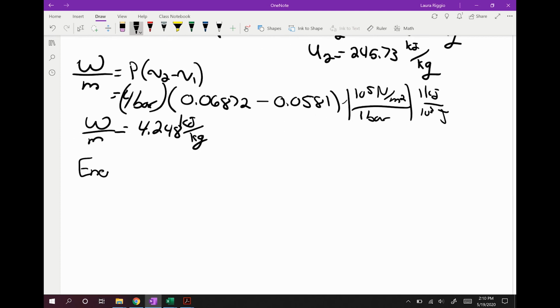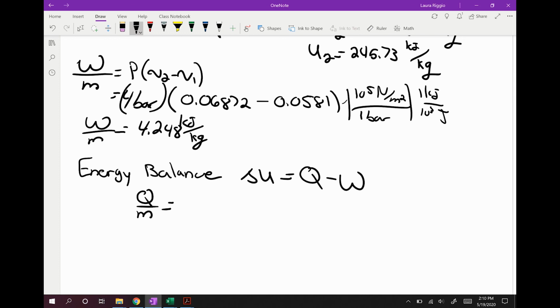To find my heat transfer, I'm going to do an energy balance. Since there's no changes in kinetic or potential energy, my change in internal energy is my heat minus my work. So my heat per unit mass is my change in specific internal energy plus my work per unit mass.